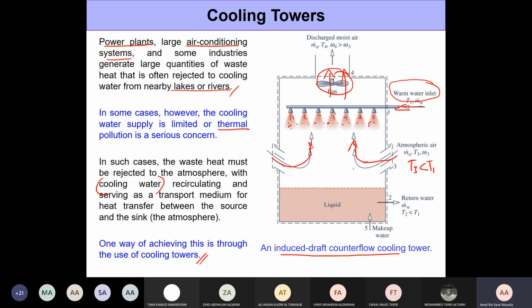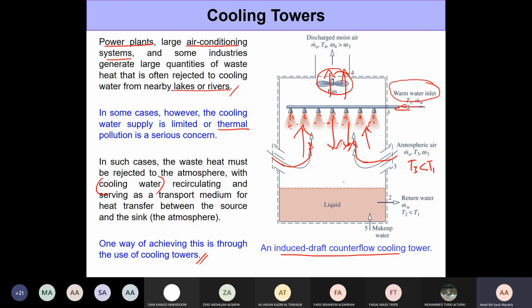Basically, you create a counterflow, a mixing region for air and warm water to interact, with the water coming down and the air going up. When they interact, a certain amount of evaporation does happen, and that is where the cooling is effectively achieved.